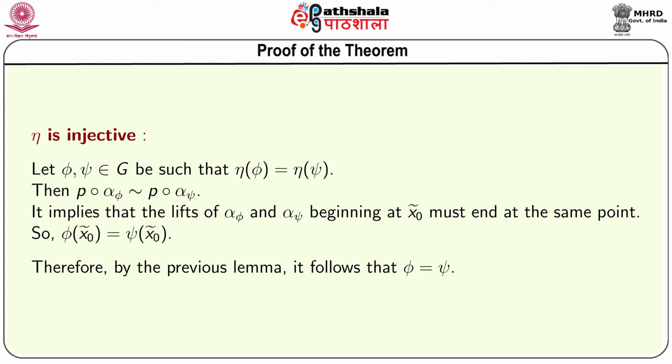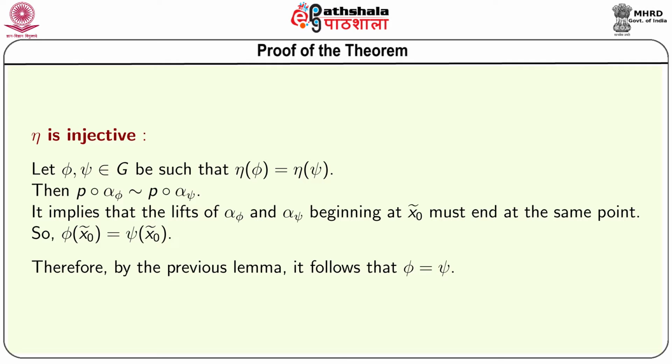Now, to show that eta is injective, let us take two points phi and psi from G such that eta phi is equal to eta psi. We need to show that phi is equal to psi. Since eta phi is equal to eta psi, p composed alpha phi is path homotopic to p composed alpha psi.